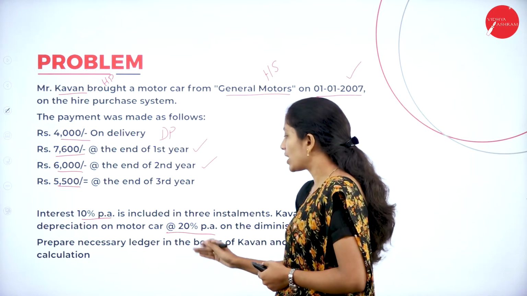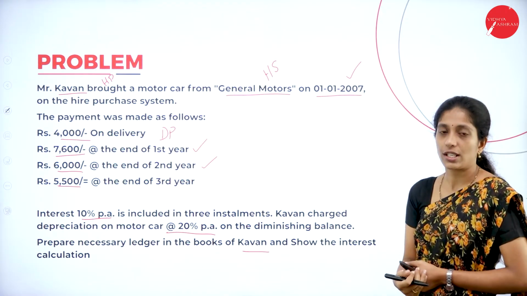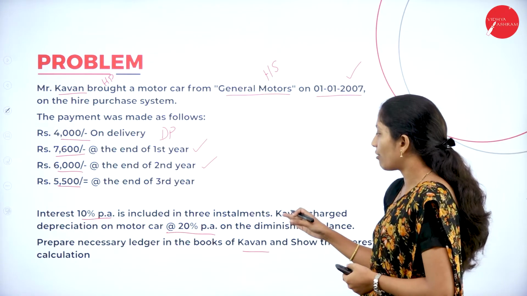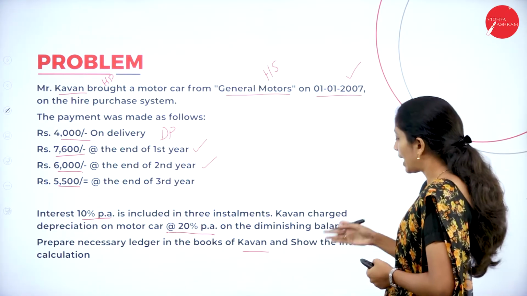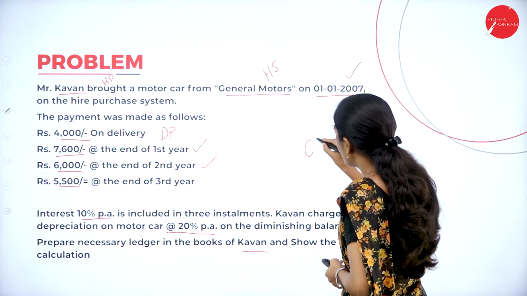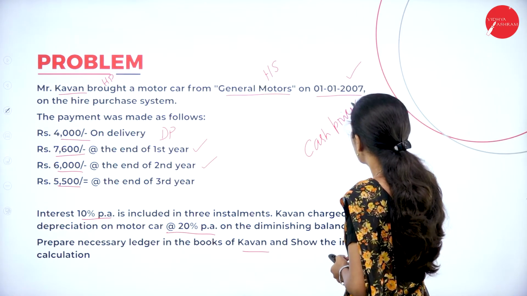Prepare necessary ledger in the books of Kavan and show the interest calculation. So they have asked us to prepare ledger accounts in the books of Kavan. Now who is Kavan? Kavan is a hire purchaser and show the interest calculation. Now here you have to see that cash price is not given. So they have not given the cash price.